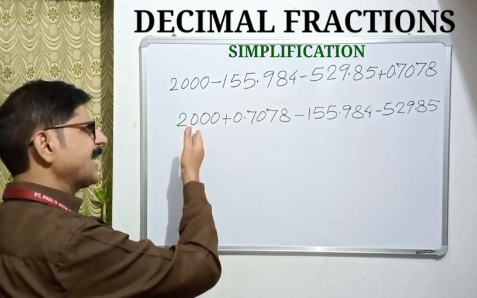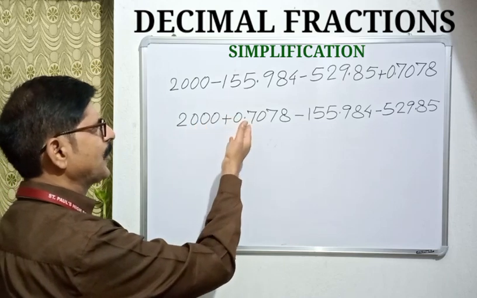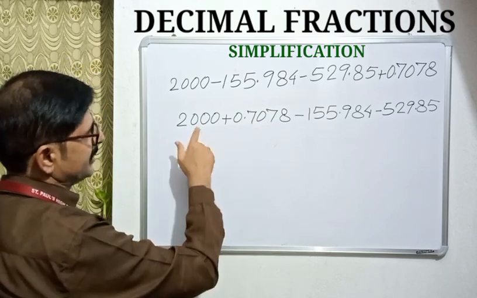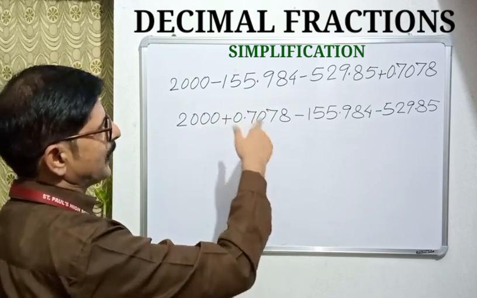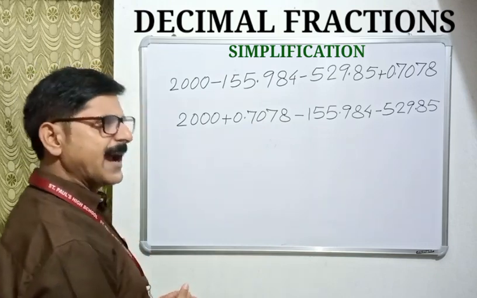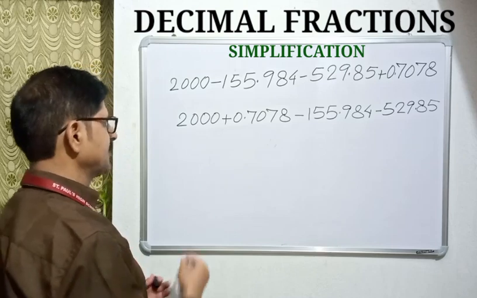You can add them directly and your answer will be 2000.7078. The sum of these two numbers is going to be 2000.7078. Or you can add them by changing them into a group of like decimals.